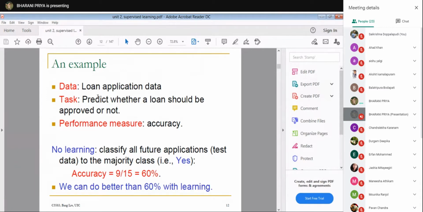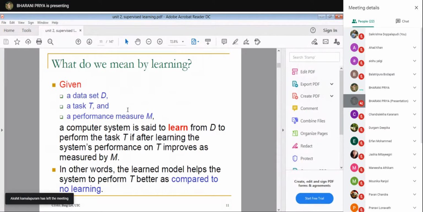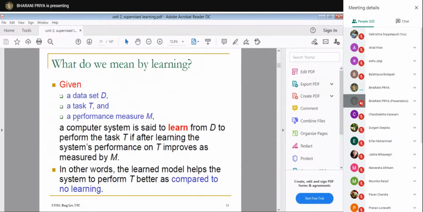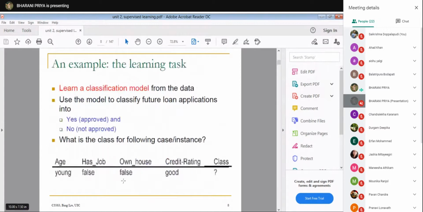Now, by seeing the data in these slides, tell me: I have given this new observation. What is the class label? This is the new observation, and you decide what the class label is.